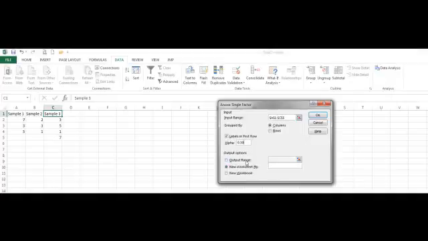If you want to do output range in the same sheet that your data is in, you would select this circle, and then be careful because right here it's highlighted on the input data. So you want to select inside the box output range. It's just one cell where you want the table to start. So I'm going to start it on E1. I just used my mouse and clicked on cell E1, clicked OK, and here is my output.